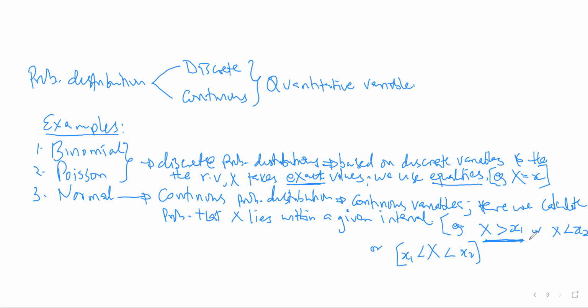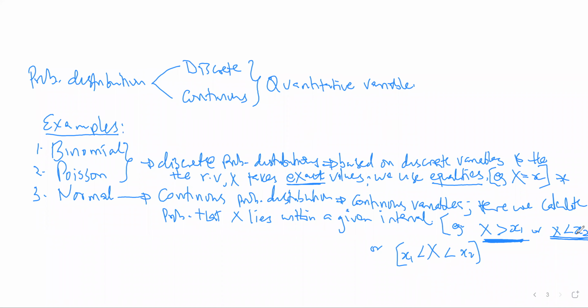So in the discrete case, we use equalities to calculate probabilities. But in the continuous case, we maintain the inequalities. We never use equalities. You can talk about less than or equal to, but you cannot talk about being equal to. So that's a major distinction between discrete and continuous probability distributions.